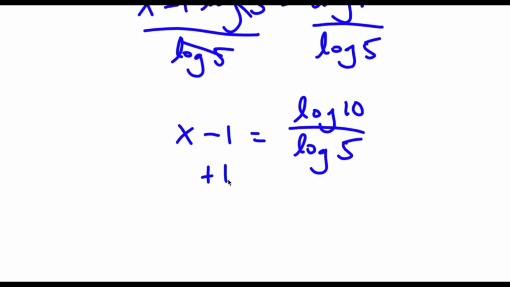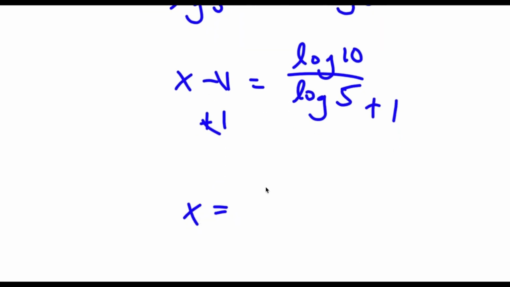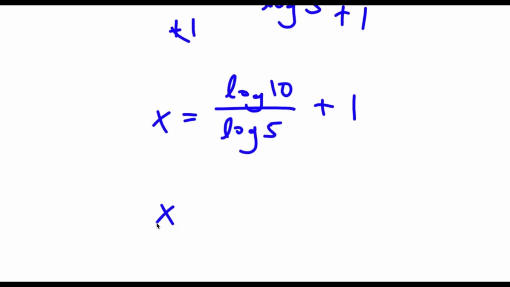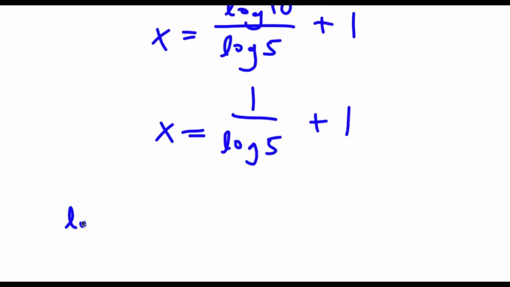So now I'm going to go ahead and add 1 on both sides. So I have x is equal to log 10 over log 5 plus 1. Now log 10 is the same thing as 1. So now I have x is equal to 1 over log 5 plus 1. Now log 5 is equal to 0.6990.